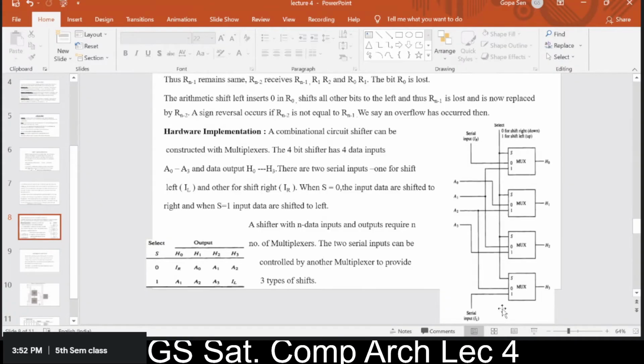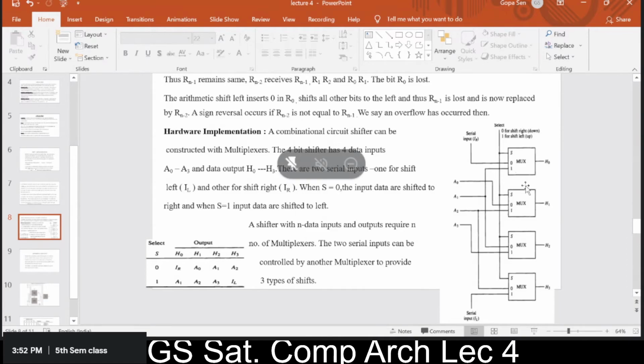So with the help of this circuit, you can achieve all the shift operations. And this IL and IR can be again, if we have an n-bit data register, then n number of such blocks will be used, n number of multiplexers will be used.